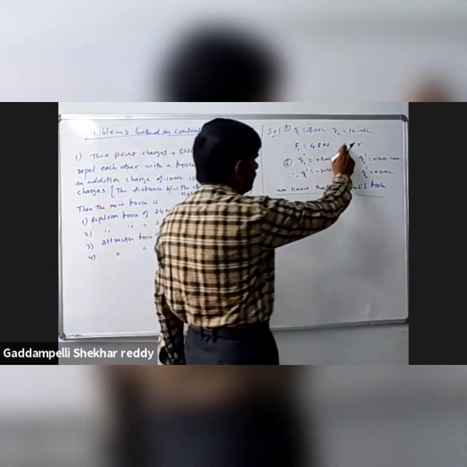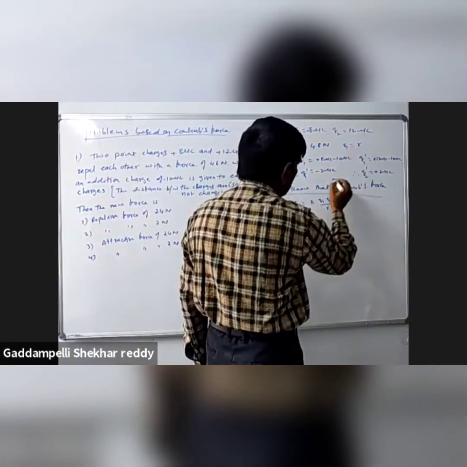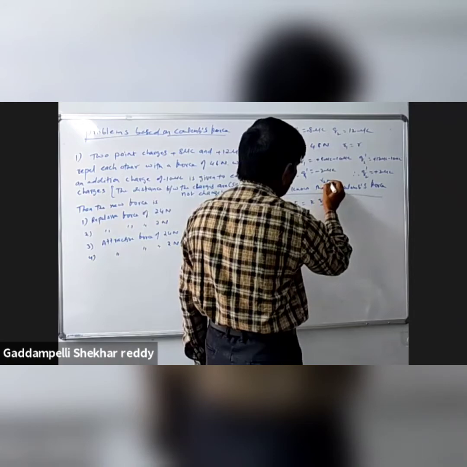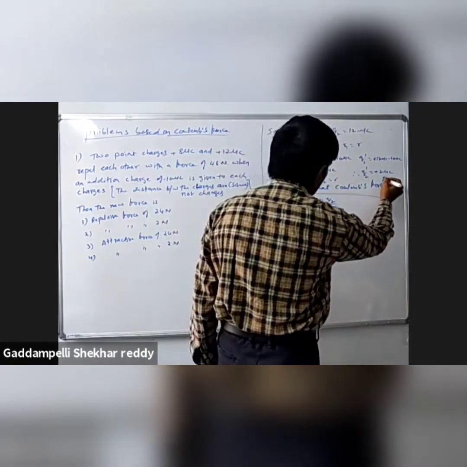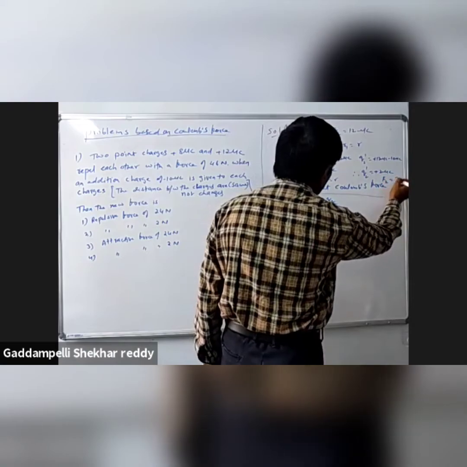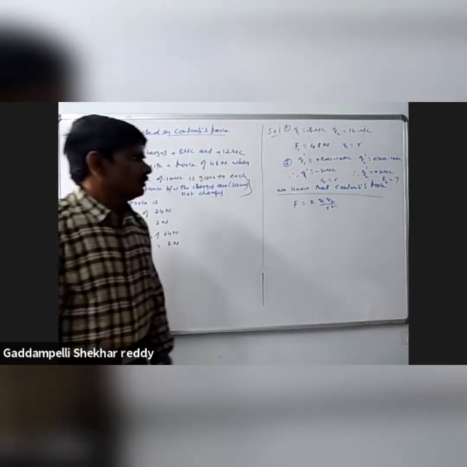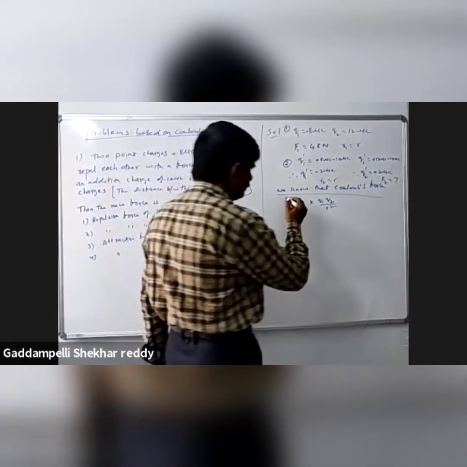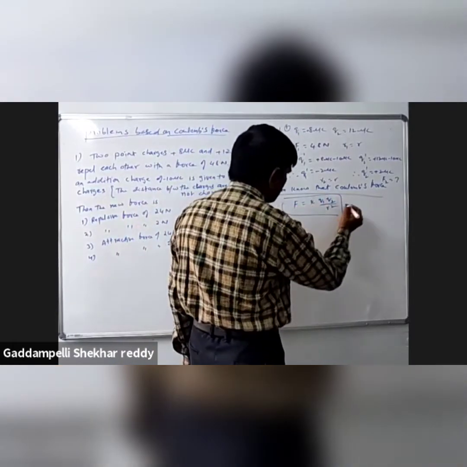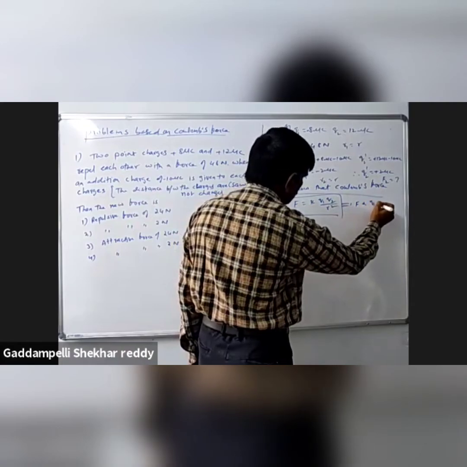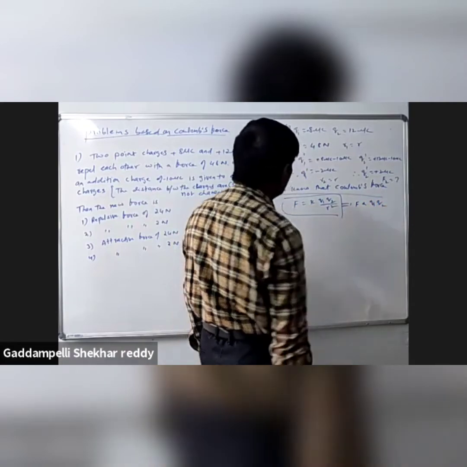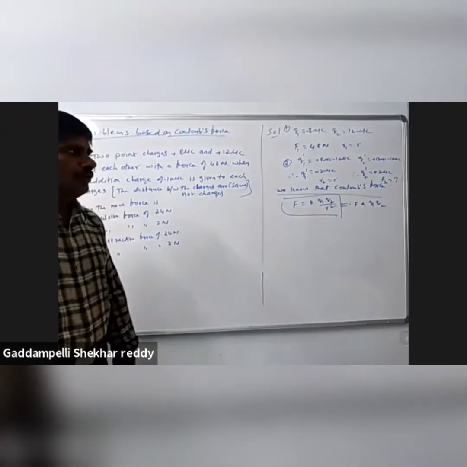Here in the second case R is also R, it does not change. What is asked in the second case? The new force F2 is asked. So the relation between them, K and R being constant, is F proportional to Q1 Q2.